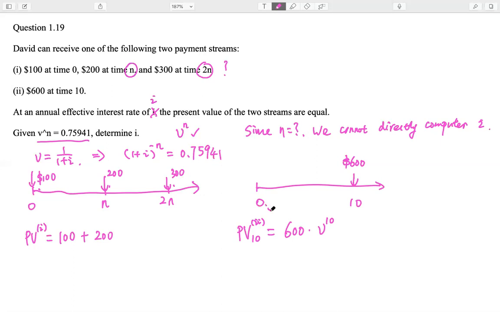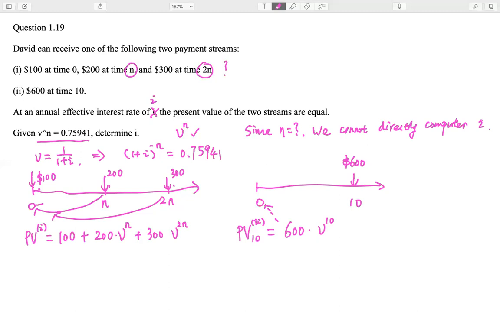So we need this at time 0. In order to get to time 0, we just need to discount, right? 1 year discount factor, raised to the power of the number of years. For the same reason, the $300 is nothing but 300 times v to the 2n, right?